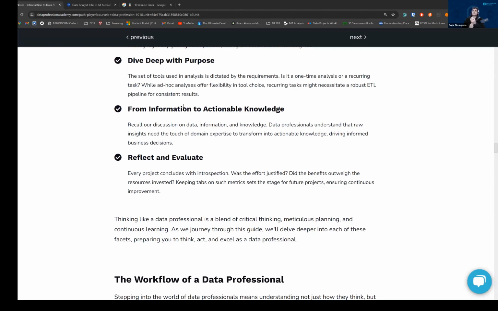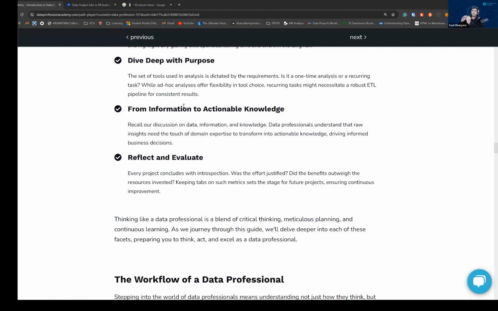If that's a domain you're already expert in, you can probably do that stage yourself, or you will engage an SME, a subject matter expert on that topic. You and the SME will look at the information and produce the knowledge, and that's the knowledge that will be presented, or acted on, by the decision makers.